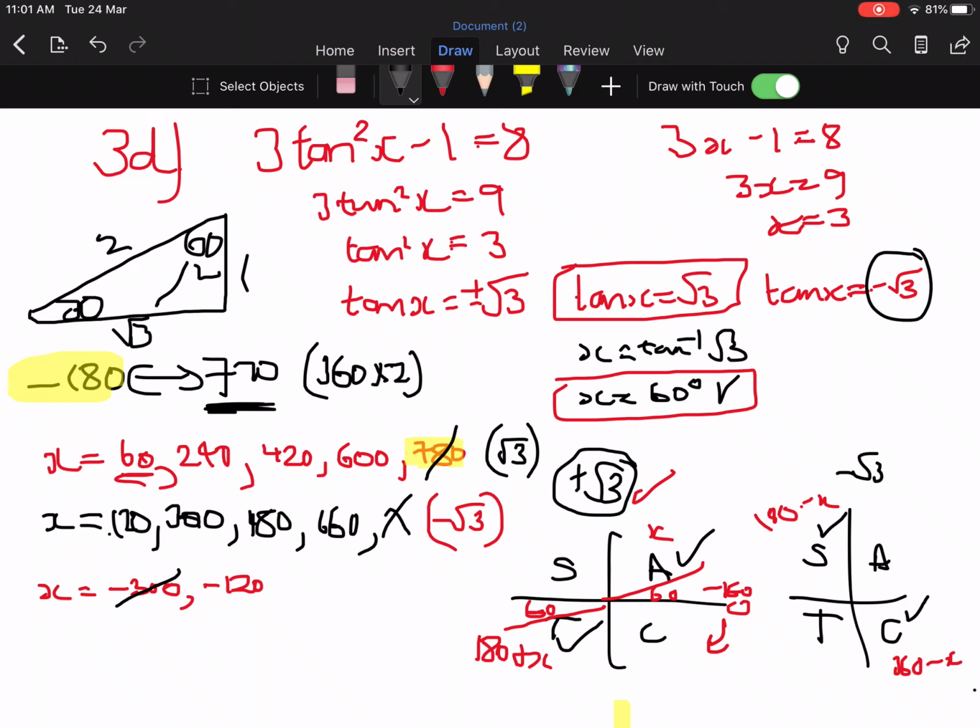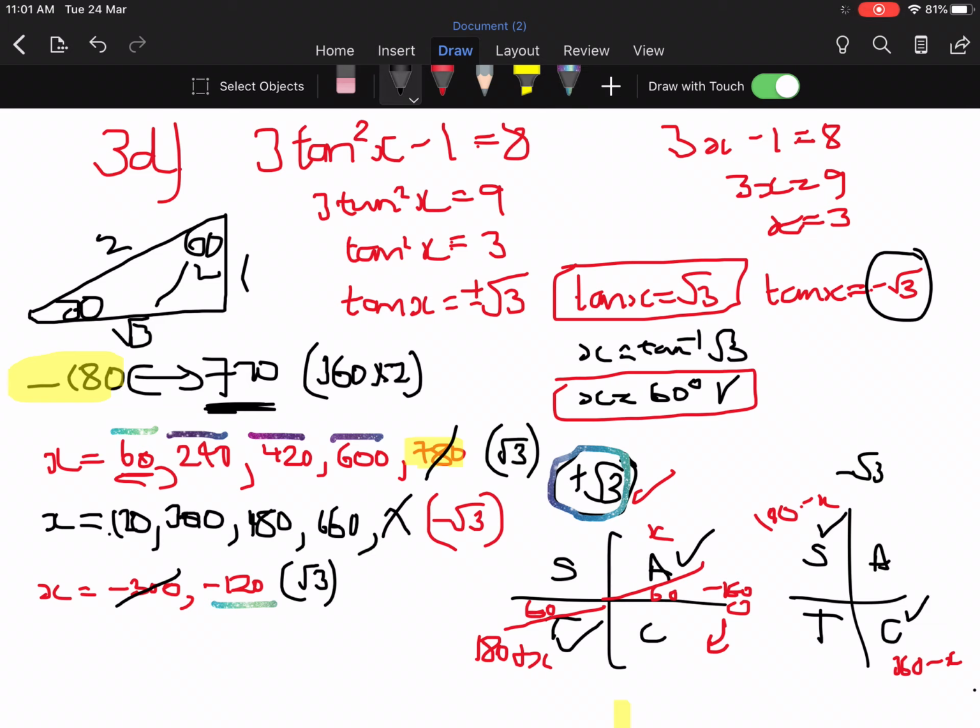So that there is for root 3. So that's all of root 3's answers. All of root 3's answers is 60, 240, 420, 600, and 120. That's all the answers for plus root 3.